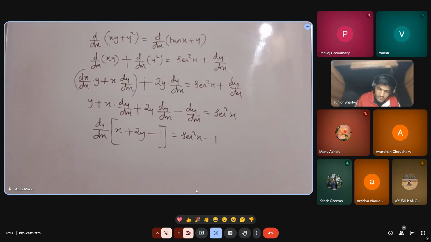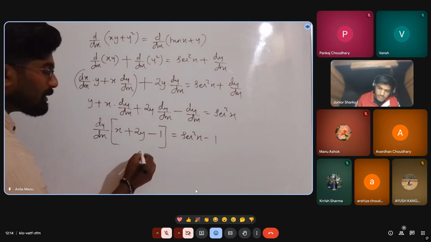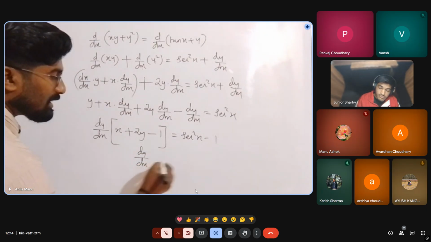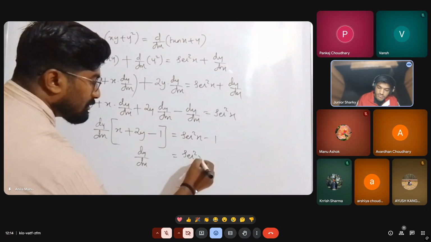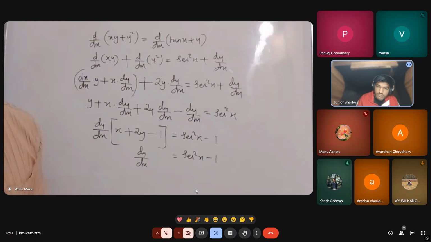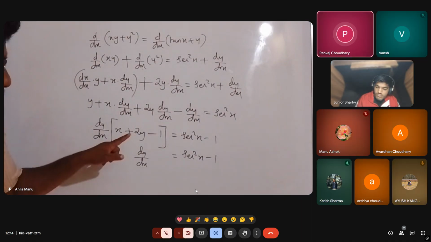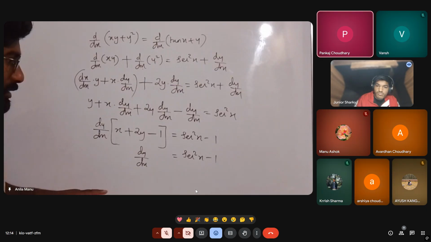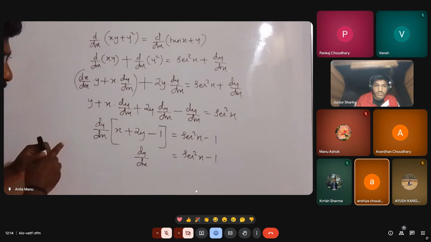Check carefully and tell me if any step is not understood. Now the question is find dy by dx. So dy by dx is equal to, once again, the last step, sir? How do you get minus 1? Minus y will be there.